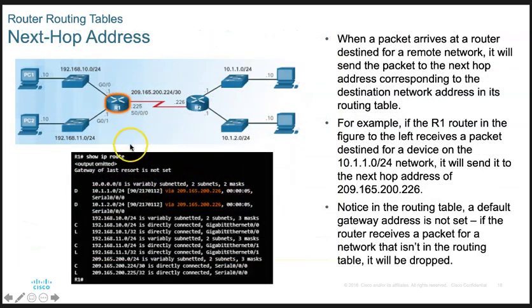In the following, it shows you a route that is not directly connected. It's one hop away. For example, router 1 in the figure to the left receives a packet that is destined to the 10.1.1 network.